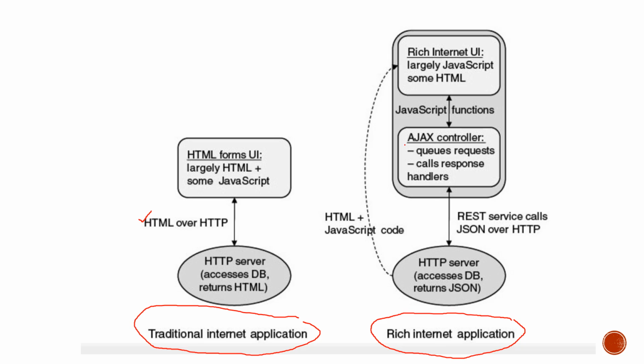And remember, we're talking about REST services, which are get, put, post, and delete, which is pulling information primarily from a database. Both of them pull from a database. But the difference with the rich internet application is it's using JavaScript Object Notation.